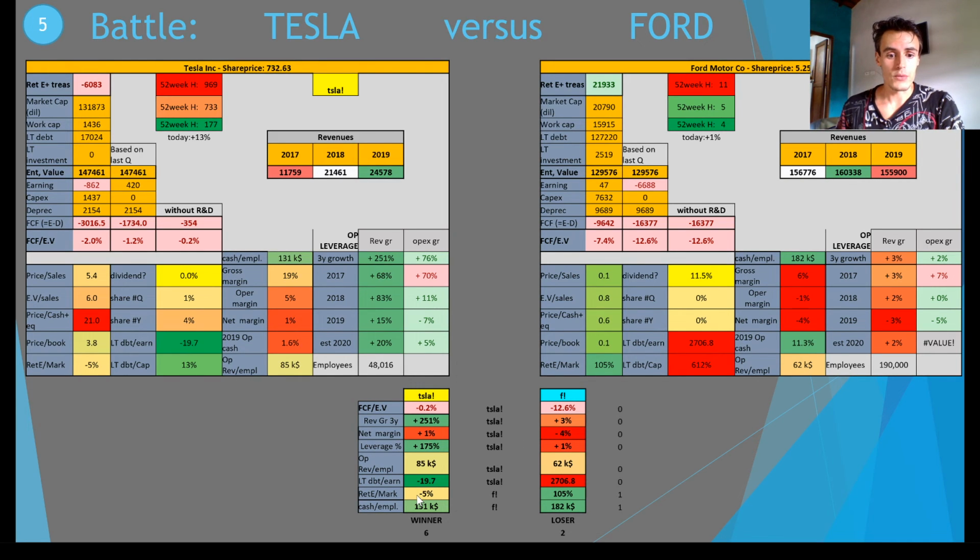Then I look at the retained earnings divided by the market cap. In this case Ford has been profitable over the past decade, so it's a plus for them. And also the cash per employee: Ford is a little bit better than Tesla. So overall, if I count all these points for Tesla and Ford, I end up with the winner being Tesla by far.